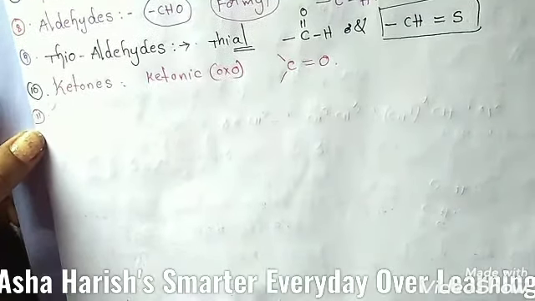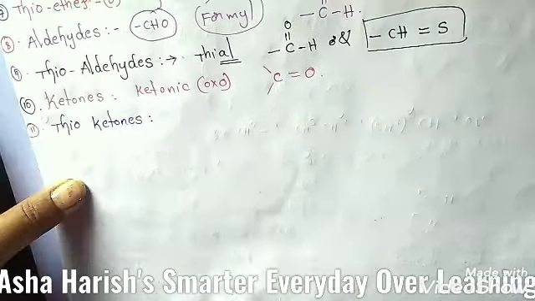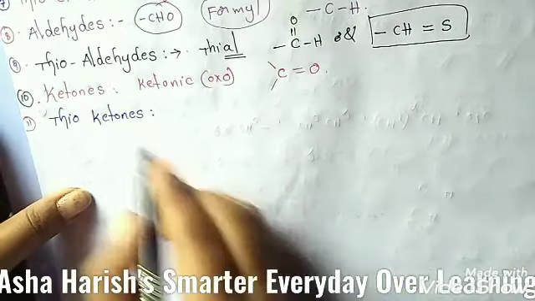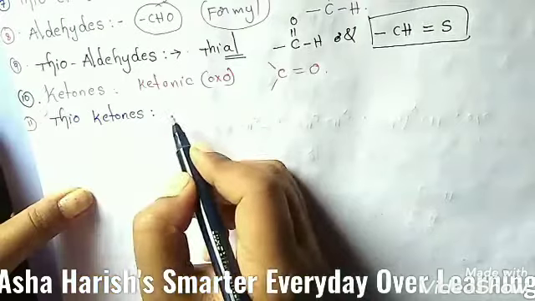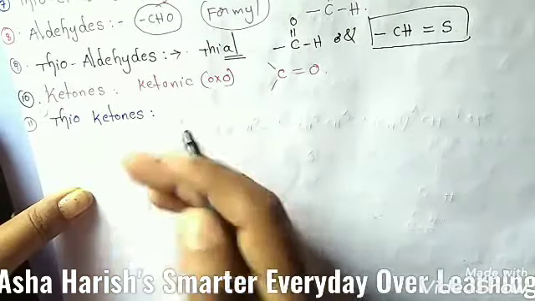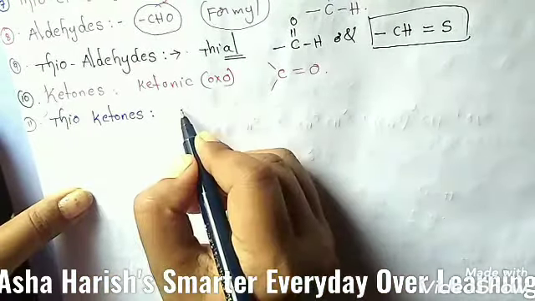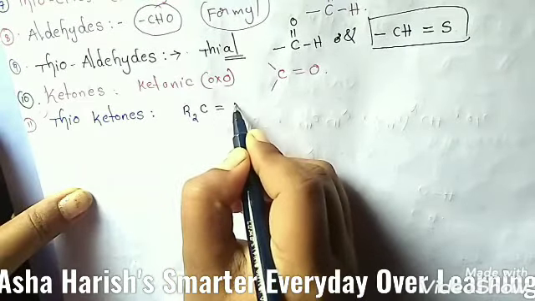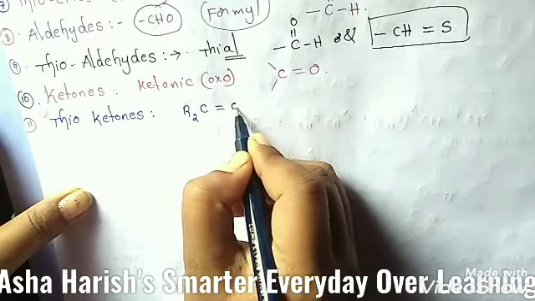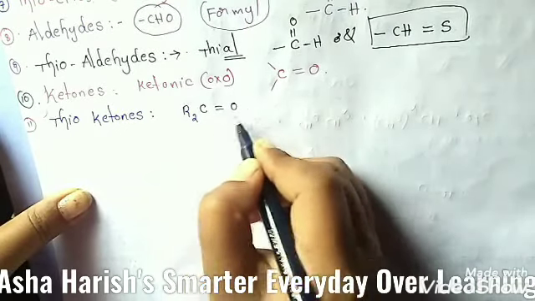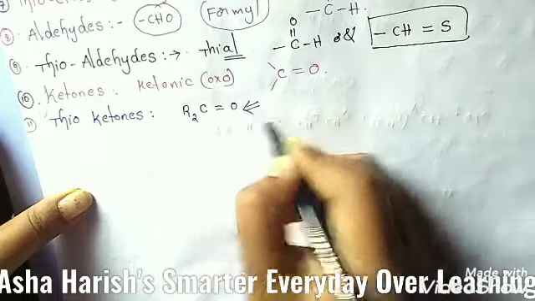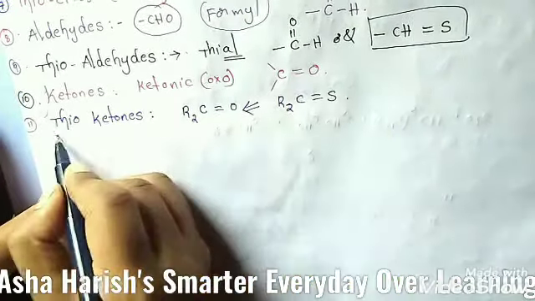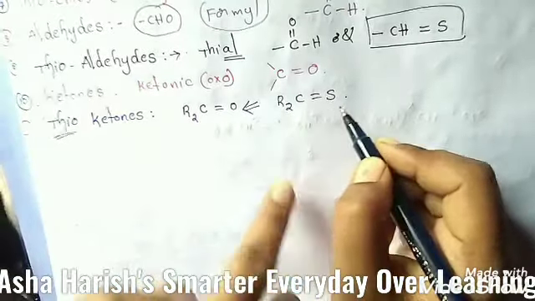And the next one is number 11, thioketones. Already ketones are completed, and the next one is thioketones. These thioketones are organosulfur compounds related to conventional ketones in which the oxygen has been replaced by sulfur. Here the structure should be R2C double bond O, but instead you can represent it as thio, that means the sulfur group must be presented here, right?